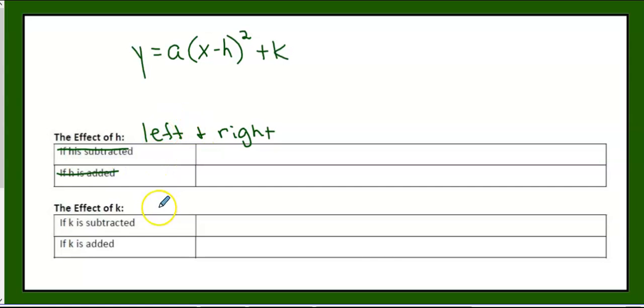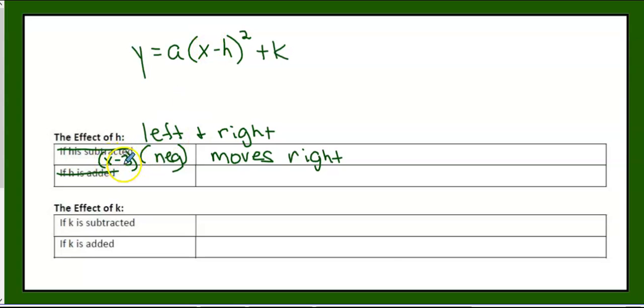I want you to mark this part out. And I just want you to understand that if the number in parentheses is a negative number, in other words, if it looks like this, x minus 3, that is a movement to the right. So it's opposite of what we think. Because usually you think, oh, negative is left on the number line. But it's opposite because of that minus right there.